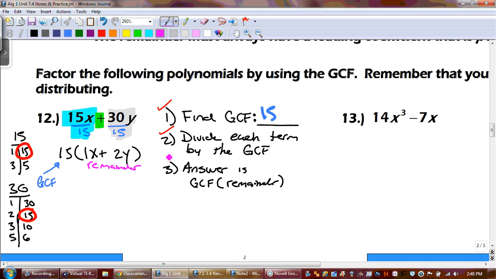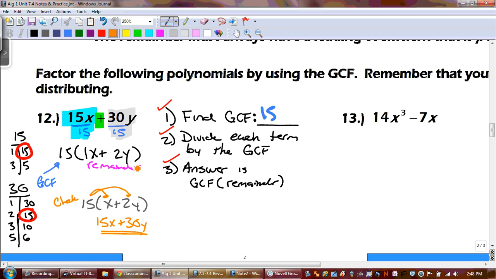I'd be like, well, Mr. Grice, I just don't know if I got it right. Well, if you don't know that you got it right, take your answer and distribute. 15 times x is 15x. 15 times 2y is 30y. What did we get here? The same thing. Good.